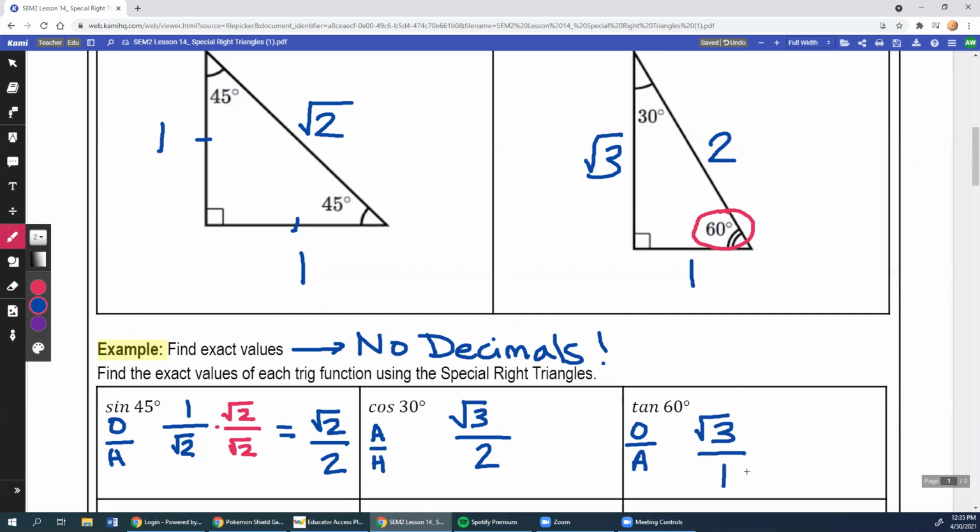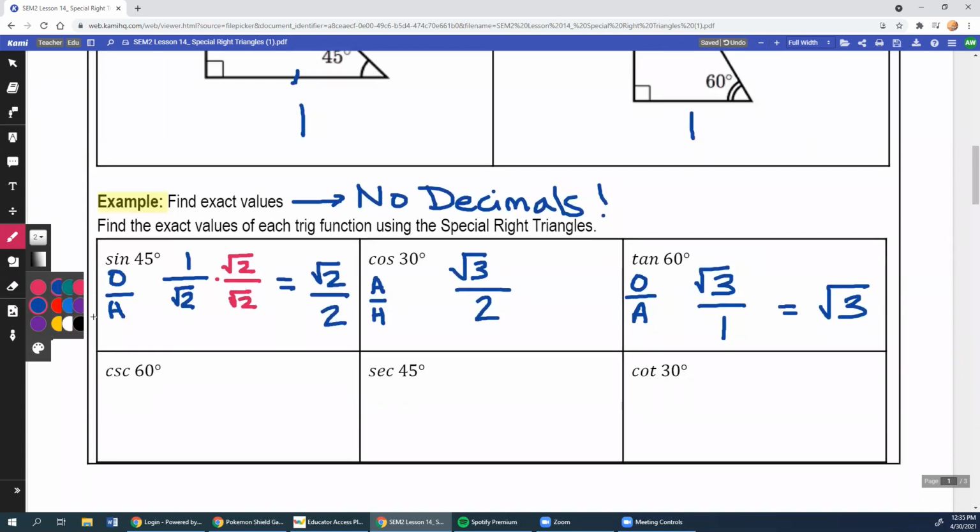Now, you can either leave your answer like this, but I'm just going to rewrite it as just the square root of 3 and get rid of the 1. So there we go. So you're just using these two right triangles, and it all depends on what they tell you it is. So now let's do some flips.